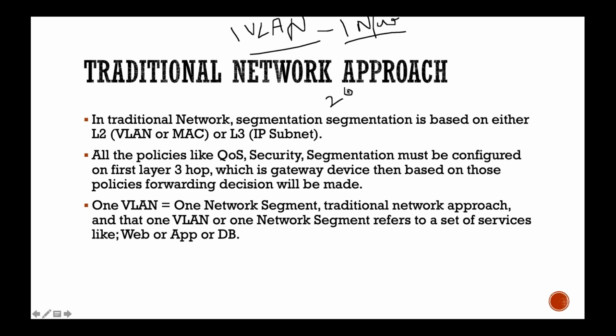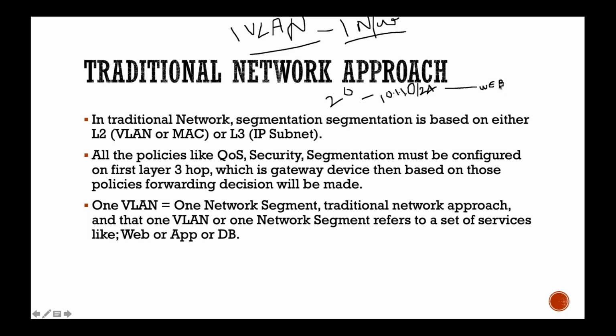VLAN 20, network is 10.1.1.0. Similarly, we have VLAN 30, VLAN 40, and each one has its own subnet. And one VLAN refers to one set of services. So this maybe refers to my web services. So this was the traditional segmentation approach. One VLAN, one network.